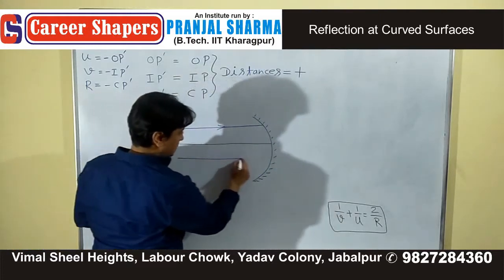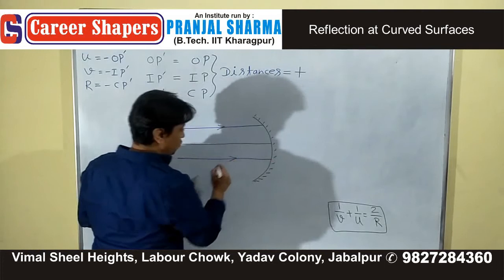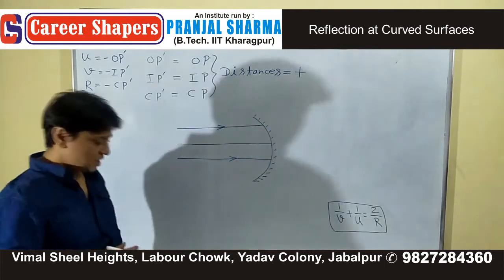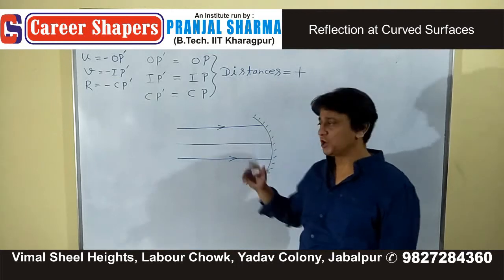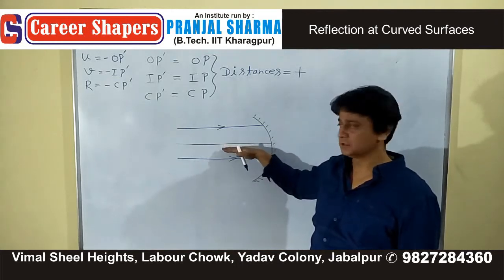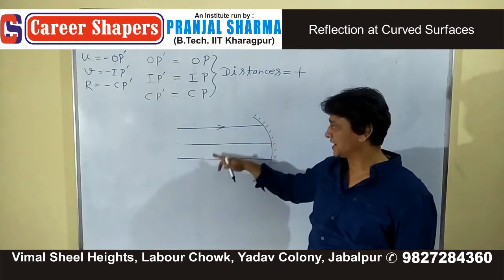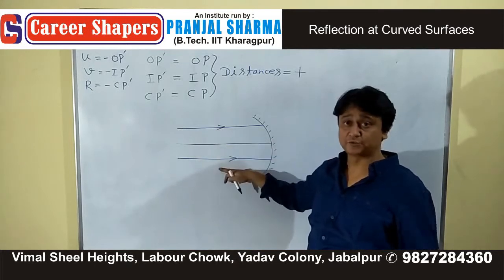Rays parallel to what? Principal axis. If you say that these are incident rays which are parallel to principal axis, then intersection of incident rays gives you what?